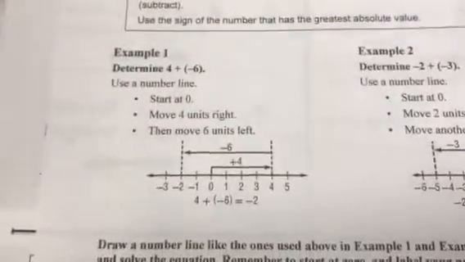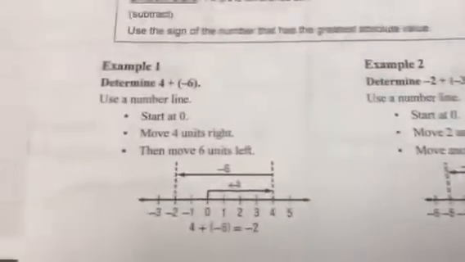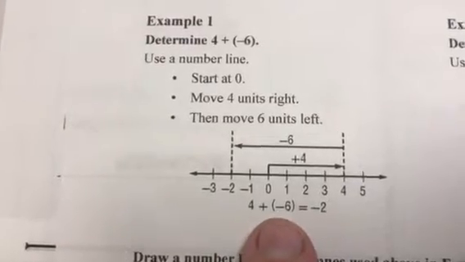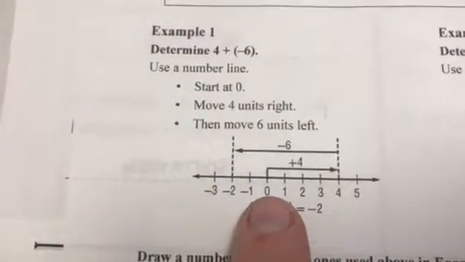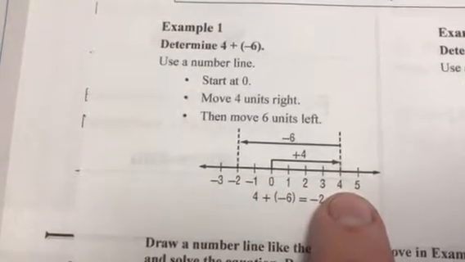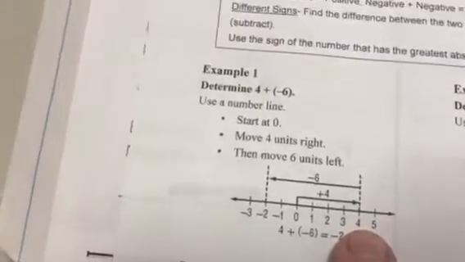But I asked the students to solve this using a number line, so you can see a couple examples of that. In this example, we had 4 plus -6 equals -2, so we started at 0. Here's our positive 4, that takes us to 4. Now we're going to subtract 6 from 4.